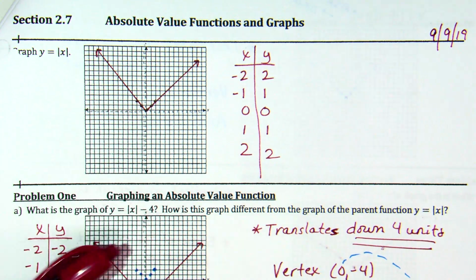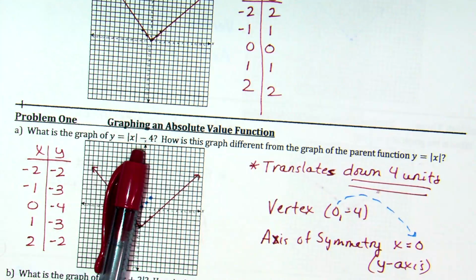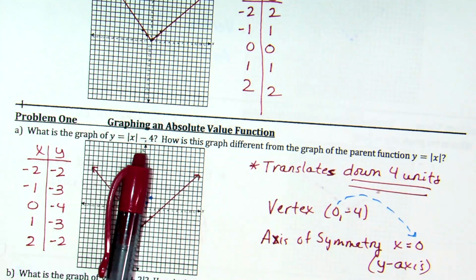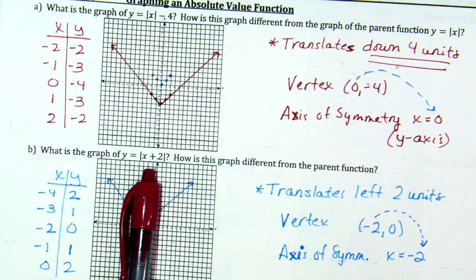Now, okay, review. Go with me here. What happens when there's a minus 4 outside the absolute value? That's down 4, right? When the number is outside the absolute value, it goes up or down. And since it's minus, it was down. What about when the number is inside the absolute value?